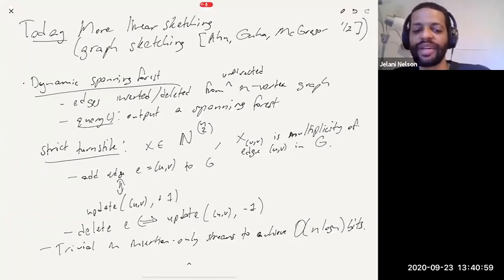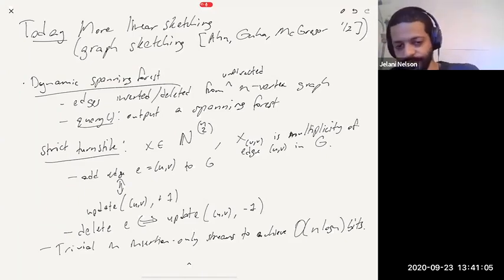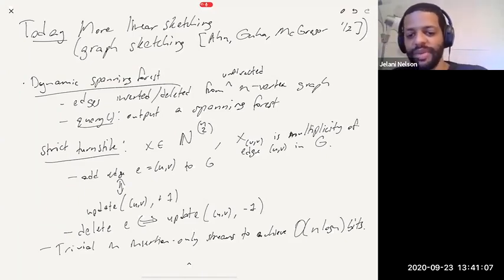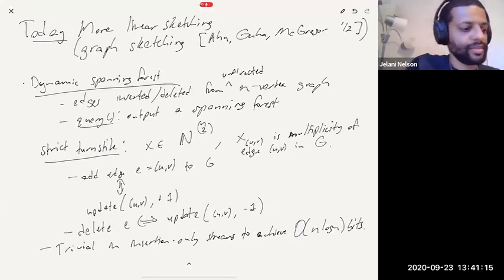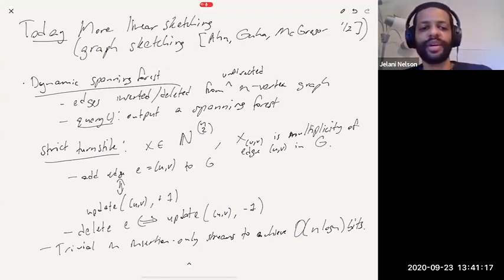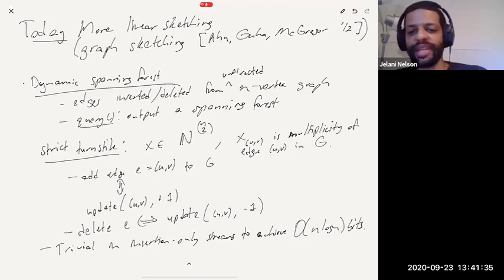Now that you've seen lower bounds via compression arguments, you can prove also that there is no algorithm that uses fewer than n log n bits. One way to do it, via compression argument, is to say, if there were such an algorithm, then I could use it to define an injection from the set of all trees on n vertices into, let's say s bits of memory, into binary strings of length s.